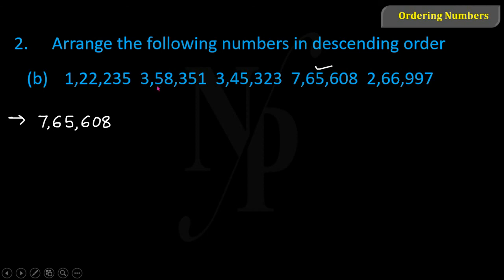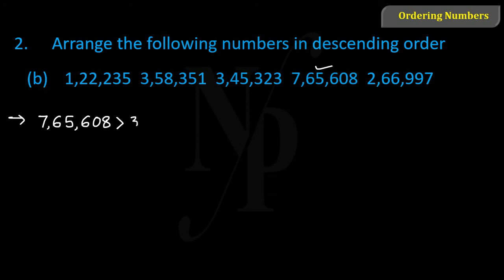In this number we have 5, here we have 4. So therefore this number 3,58,351 is greater than 3,45,323. So we will write down this number here, putting a greater than symbol here.